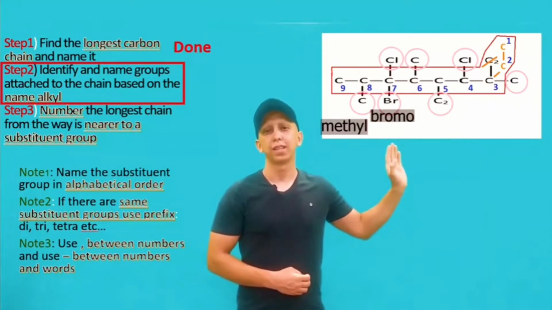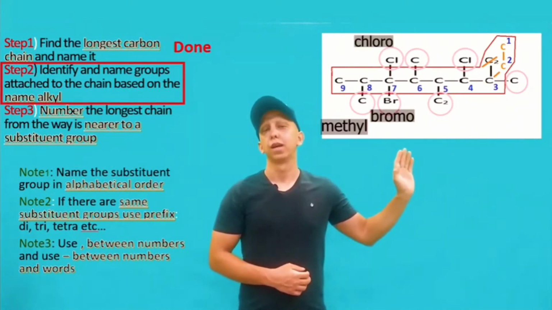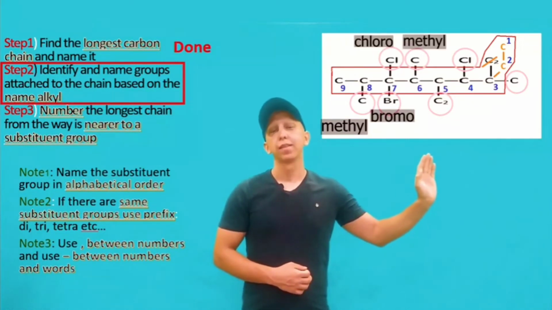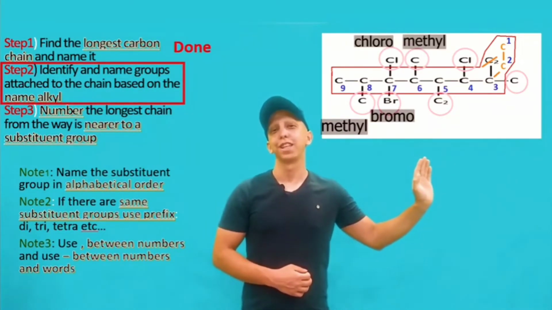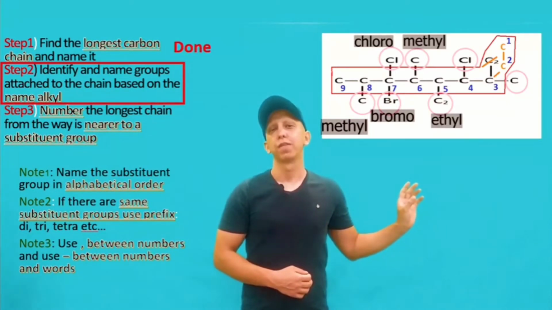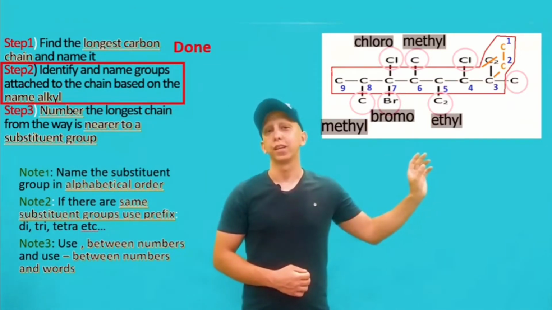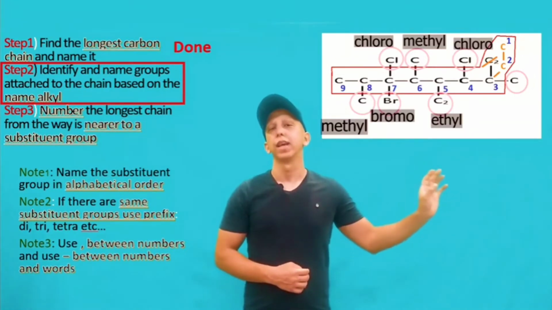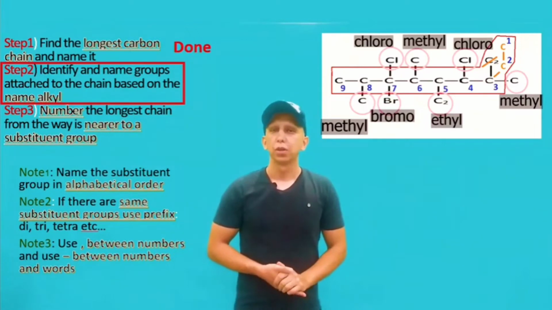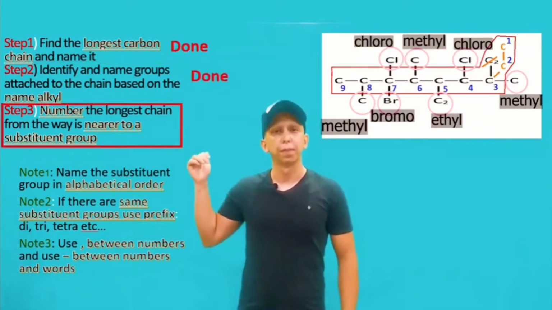On top of that we have a chloro, and then again we see a methyl. Then when we go straight ahead, we will see a C2 that we know the name of C2 based on alkyl is ethyl. Then we see again a chloro, and then we see a methyl. So step 2 is done.